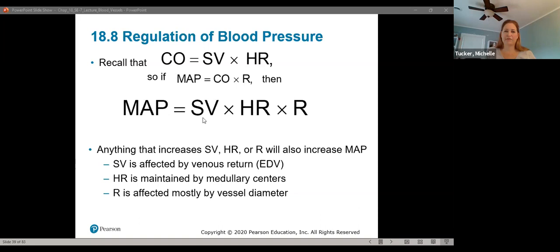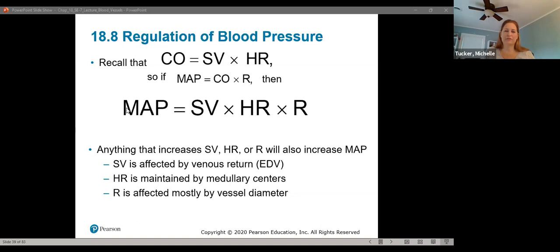So again, this is rearranging and then just expanding, substituting pressure gradient for mean arterial pressure, because where we're going with this section is regulation of blood pressure. So how do we change this number? How do we increase it or how do we decrease it?